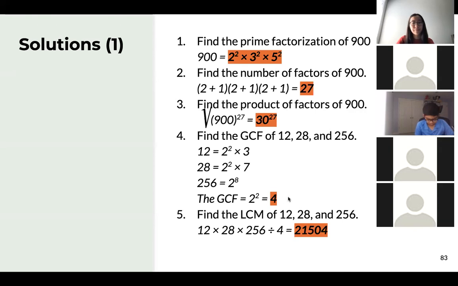So yesterday we learned the formula: least common multiple times greatest common factor equals the product of all the factors. So that's the equation you see there. And then if you do a little algebra, you know that the product of all the numbers divided by the greatest common factor equals the least common multiple. So 21,504.